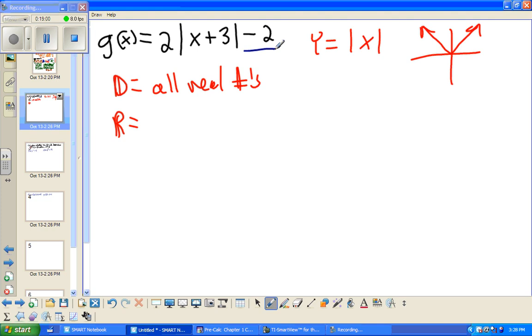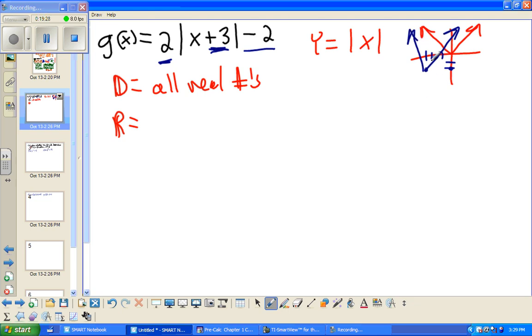Well, this negative 2 right here shifted it down 2 units. This plus 3 right here shifted it left 3 units. This 2 out here gave it a vertical stretch by a factor of 2. So now my new function is going to look something like this.